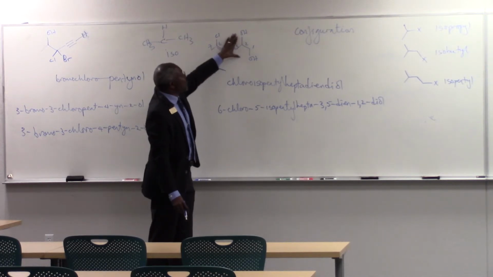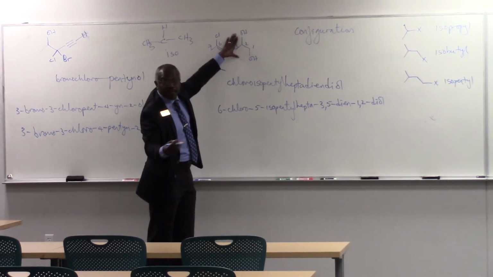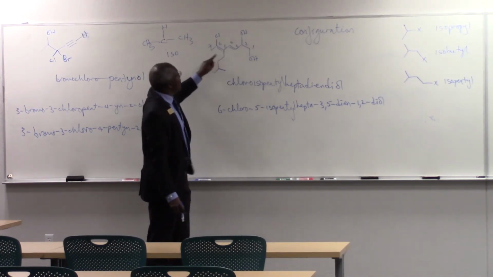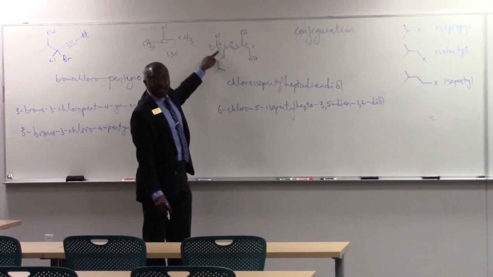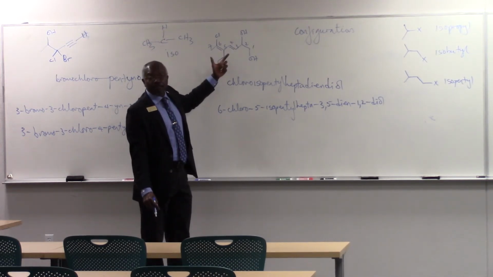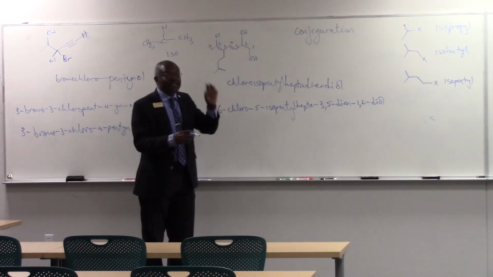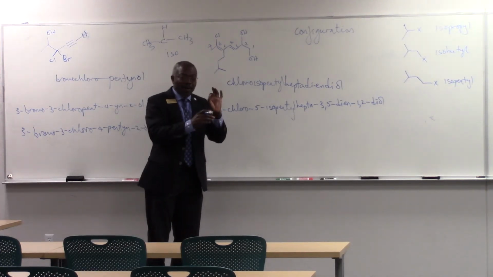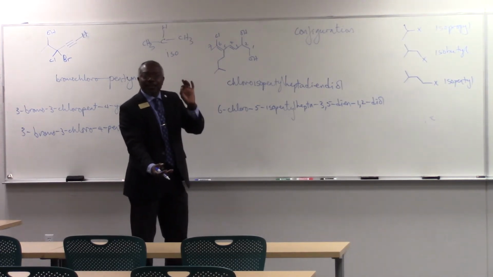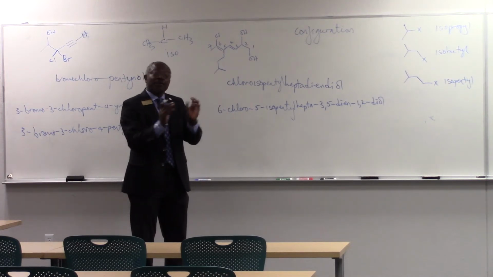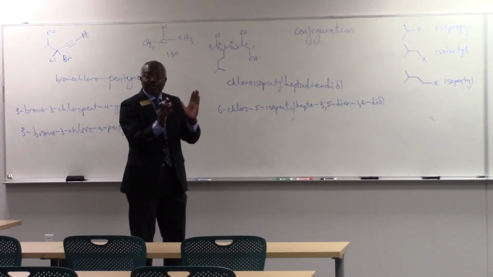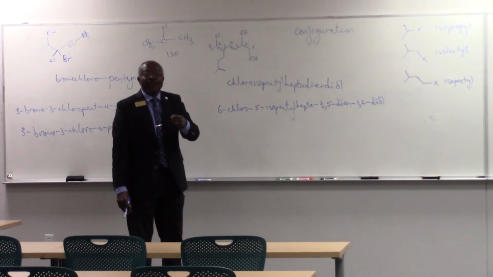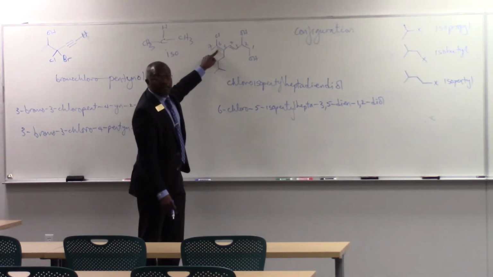So while I can speak of trans here, and that would be a valid term, there is no trans or cis about the 5,6 bond. Right? Because I don't have the same group on opposite sides of the double bond, or on the same side for that matter, on the adjacent carbons. So the cis-trans label doesn't apply here.